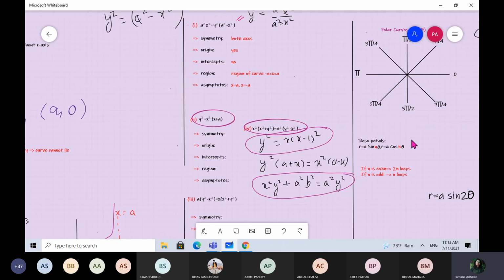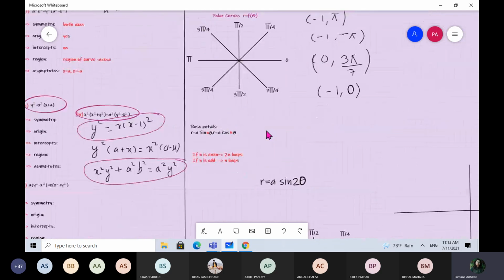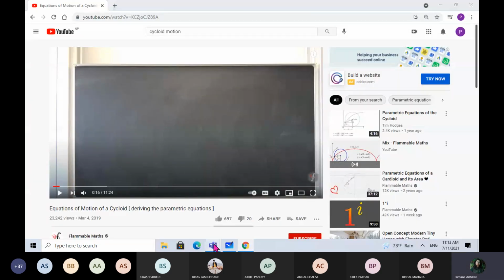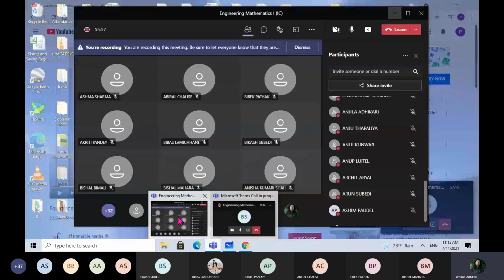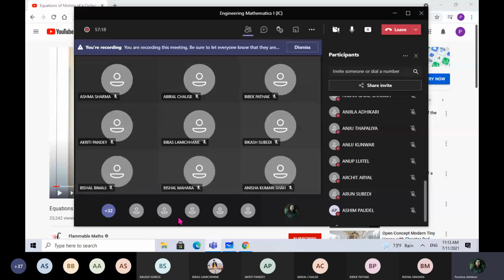But for these curves, rose petals and cardioid, just keep in mind that the curves we studied by name, you do not have to trace. And if you have to trace others, you are not going to go too much in depth. You have to just mention its symmetry, does it pass through origin or not, what about its region and asymptote. Mentioning this and showing the curve is enough.